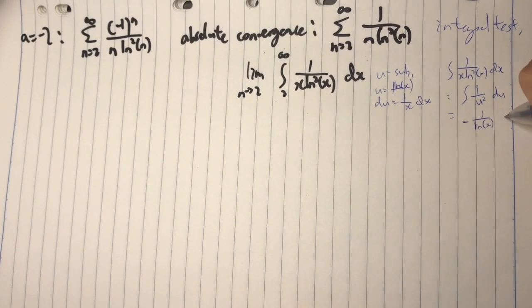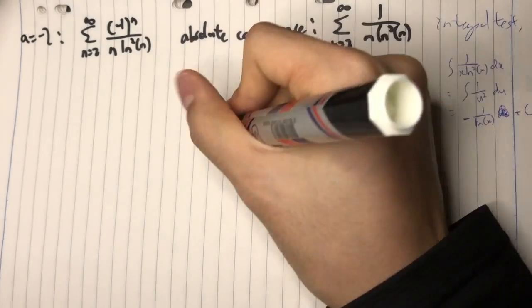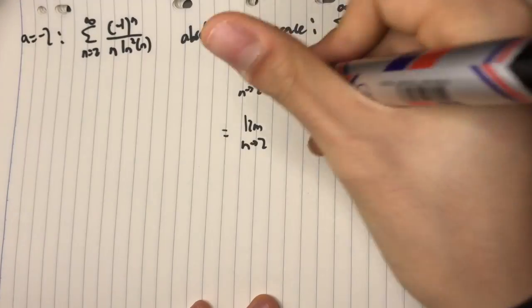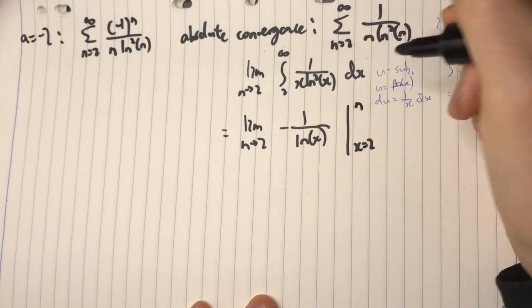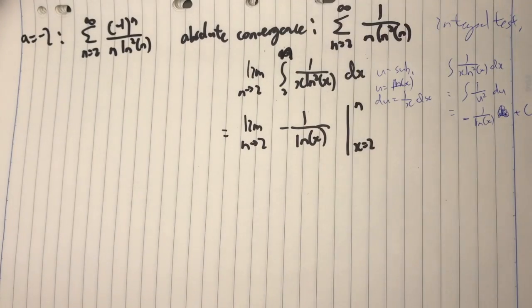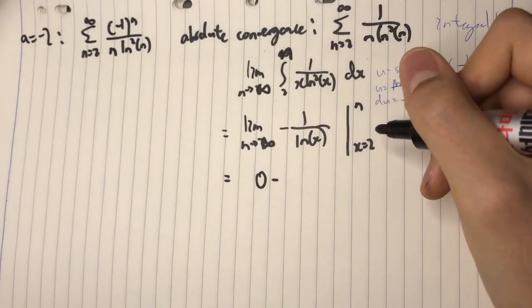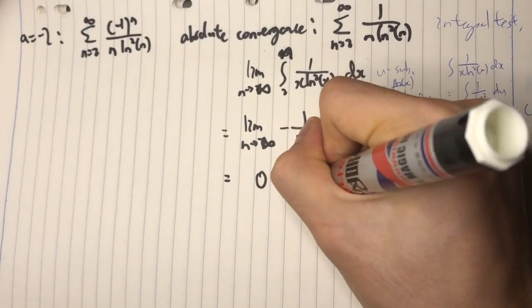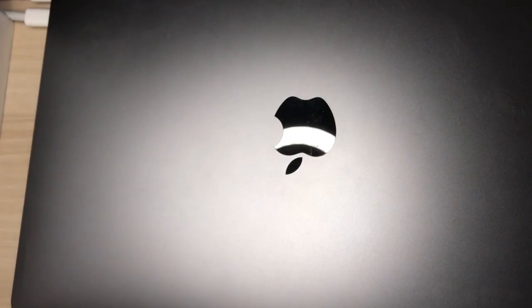I made a mistake in writing the improper integral, but I'm going to fix it later. If we plug back in the values, this value converges as well, so the integral converges and the series converges, which means there's going to be absolute convergence as well.